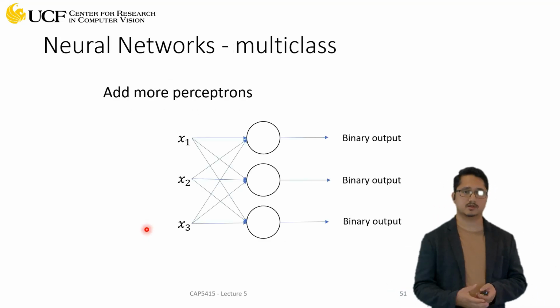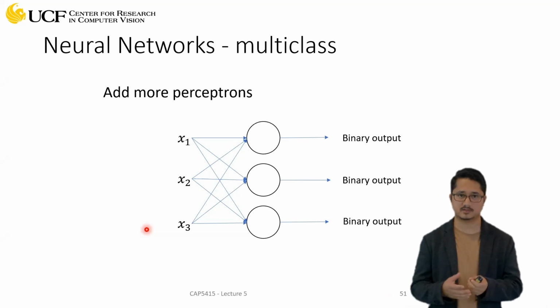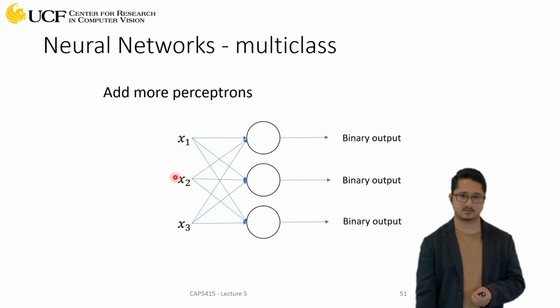So of course, that was a binary classifier, which was saying whether an object is present or not. What if you have a set of classes, right? You can have 3 different classes. Now, what you can do is for each class, you can add a neuron. Okay, so let's say this is your input vector. You have 3 different values here. And for each class, you have this perceptron now.